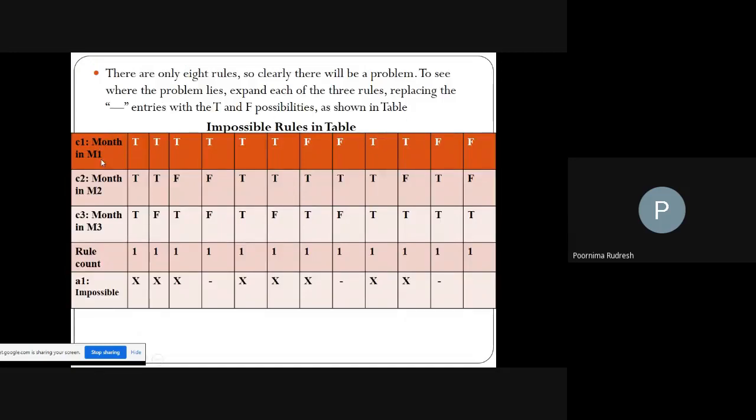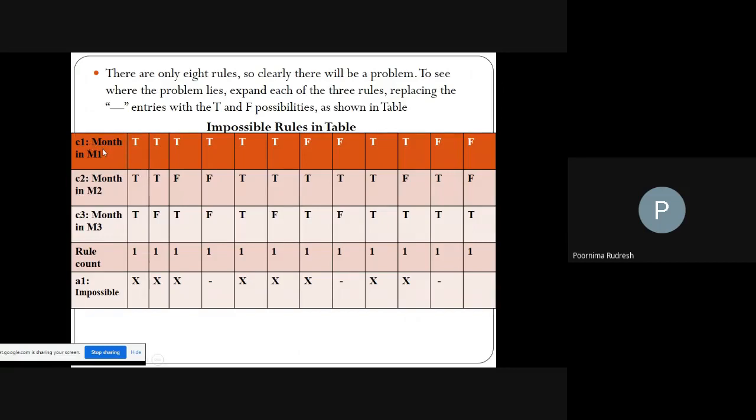Month in M1, January is there. Here we are considering all 12 months. T indicates the month which consists of 31 days, next month in M2 consists of 30 days, and month in M3 consists of 28 days. First we'll consider the first case, true, true, true. Are all 3 conditions true? Not at all possible. Why?